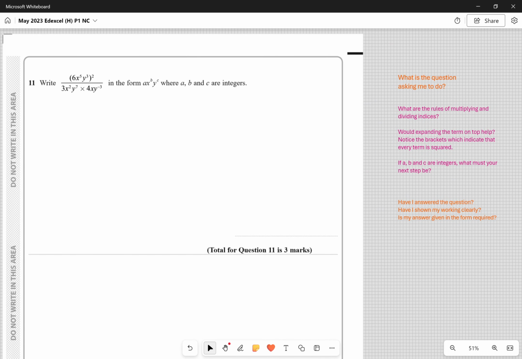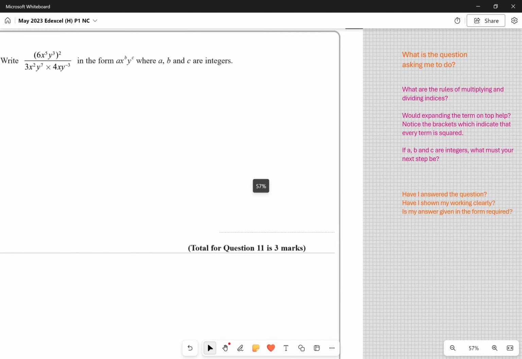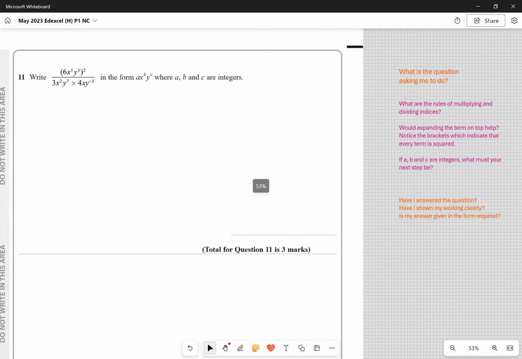If we read the question, it gives you an expression and says to write it in the form ax to the b, y to the c, where a, b, c are integers. Let's have a look at what the question is asking us to do. It is basically asking us to rewrite the expression in a simpler form.